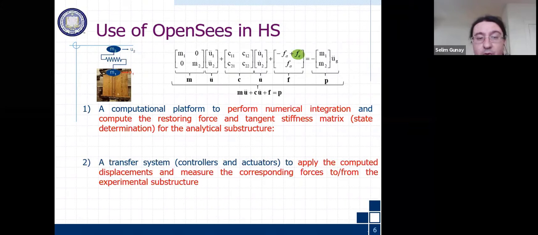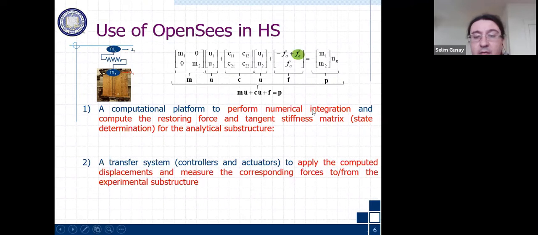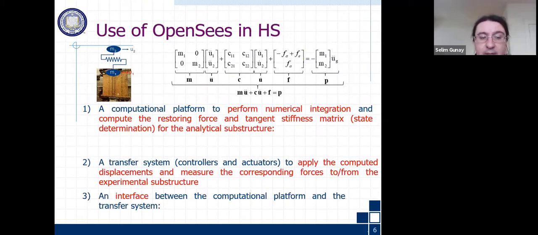The second component is this transfer system that consists of controllers and actuators, such that we can apply the computed displacements to the specimen in the lab and measure the corresponding forces from the specimen. And obviously we need a third component, which is the interface between the computational platform and the transfer system.